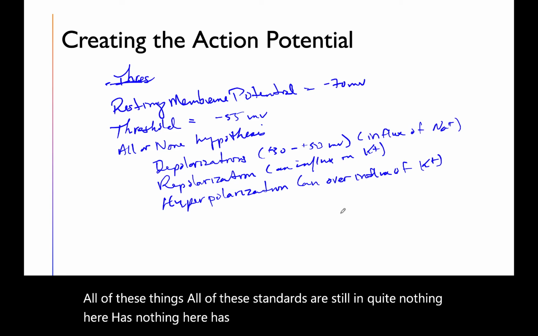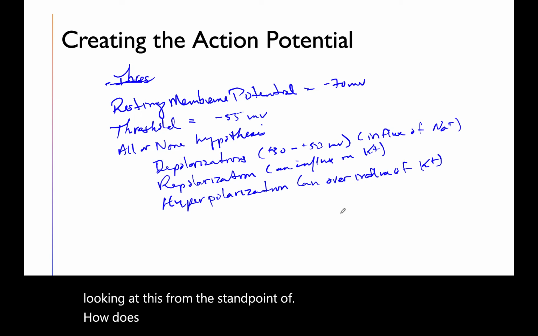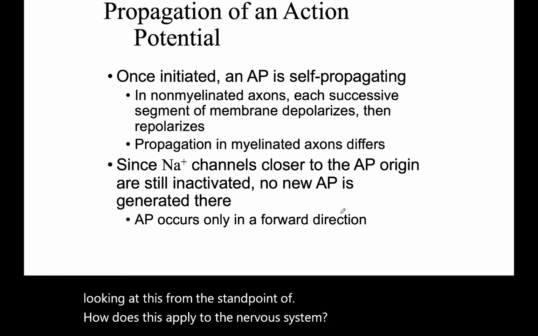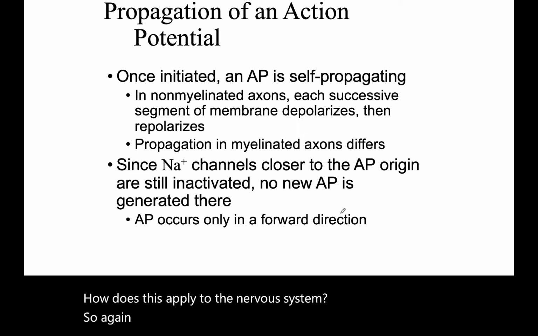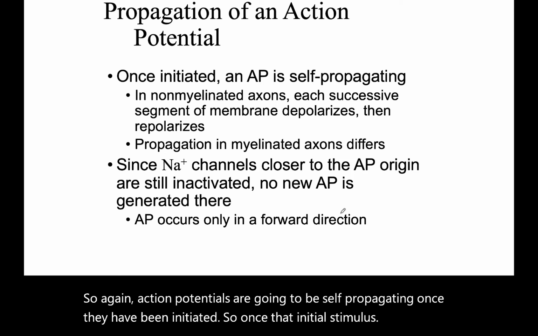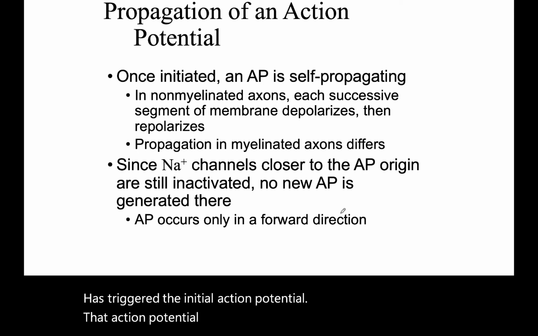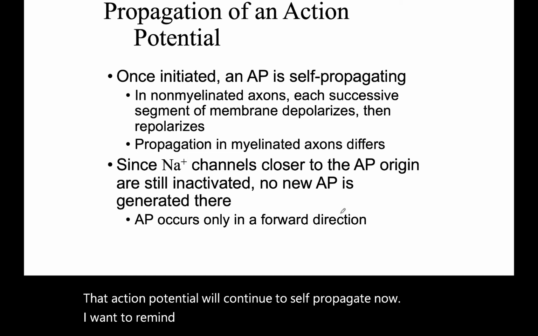We're just really looking at this from the standpoint of how does this apply to the nervous system. Again, action potentials are going to be self-propagating once they have been initiated. Once that initial stimulus has triggered the initial action potential, that action potential will continue to self-propagate. Now, I want to remind you that you're really recreating that action potential.